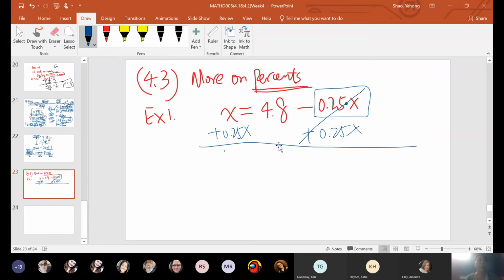To move something, or get rid of it from one side, you use opposite operations. After these two cancel each other, because 0.25x minus 0.25x is 0, how do we combine the rest? We just add to get 1.25x.